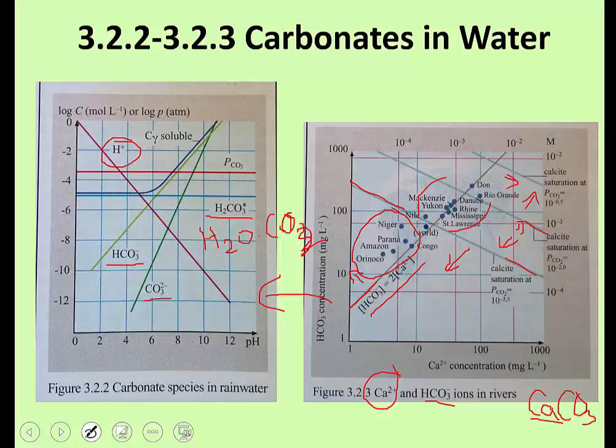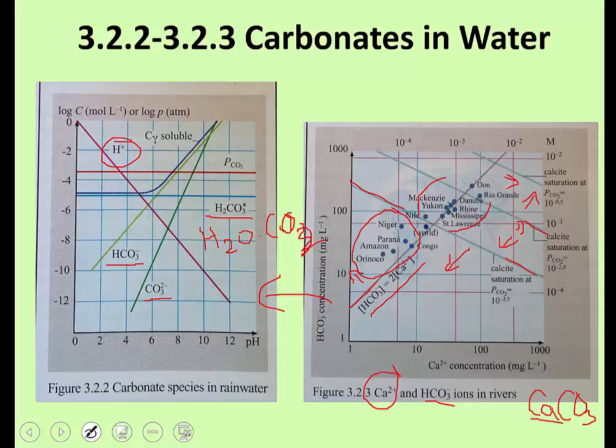Now we're getting a little bit of a shift to the right. And so those rivers tend to be saturated in calcium carbonate, and so their partial pressure of carbon dioxide in equilibrium with the calcium is higher than it would be in the atmosphere.